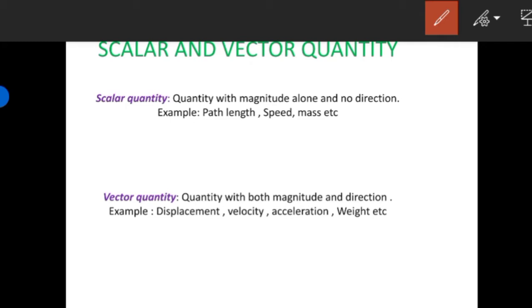Now, let us see an example. For example, you have a boy standing here. So, let us take this point as A. So, the boy starts moving from the point A and reaches the point B. Now, I'll say that the distance covered by the boy is 10 meter.